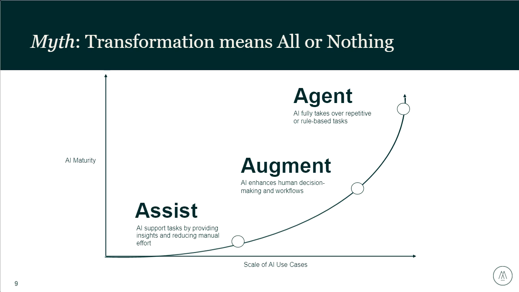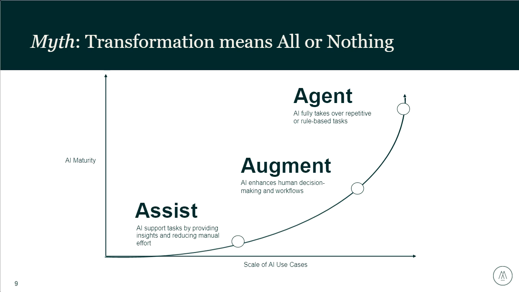And along the bottom, the scale of AI use cases refers to the breadth of the AI applications successfully being scaled across the enterprise. So our overarching message here is to start small, think big, and begin with small targeted AI applications that deliver clear value. This phased approach will ultimately minimize risk and maximize the chances of successful adoption.